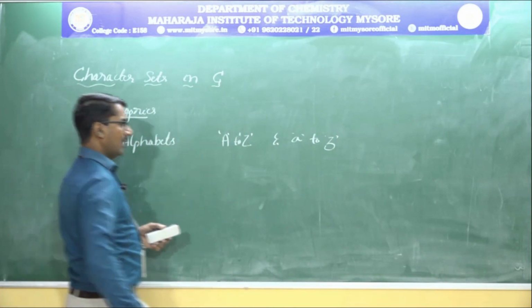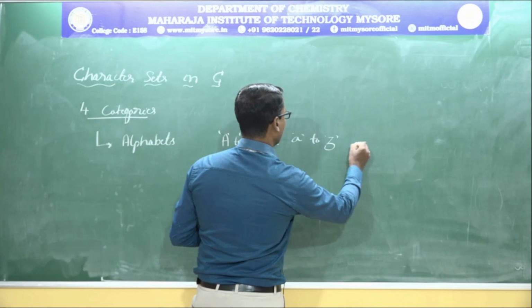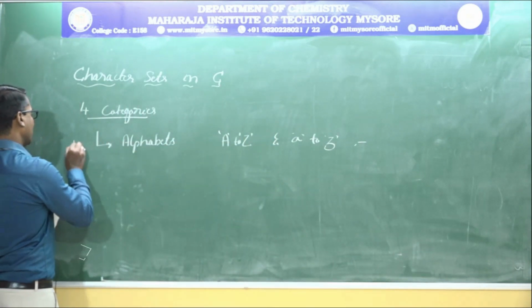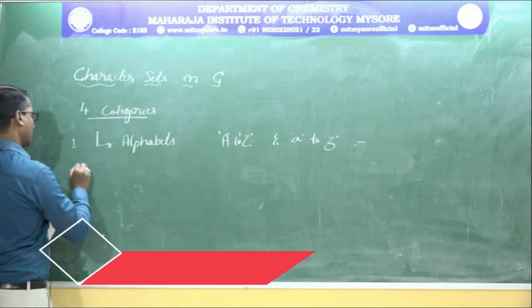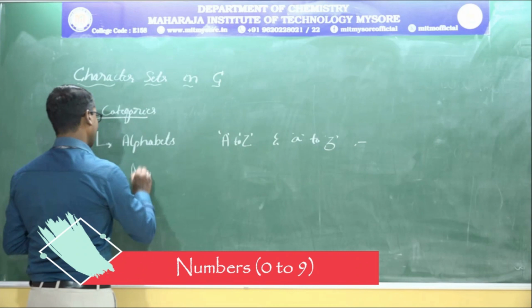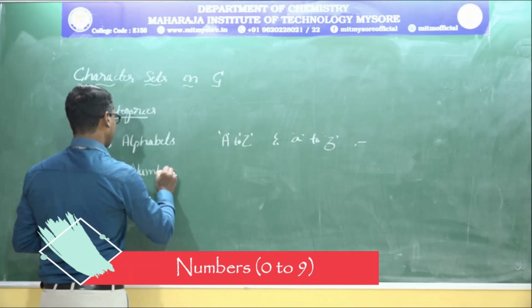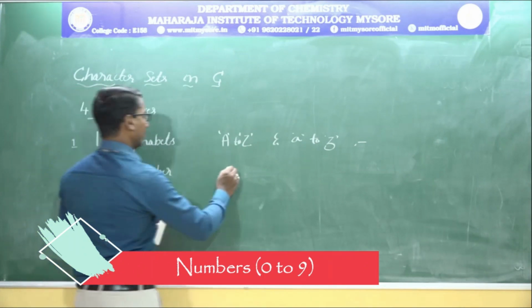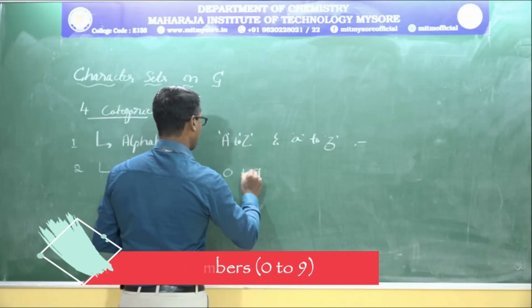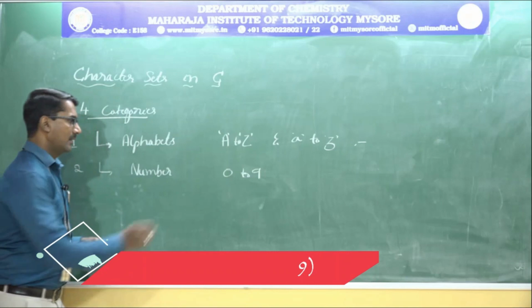Then it also allows one more additional character, that is underscore. The second one is numbers, from 0 to 9.